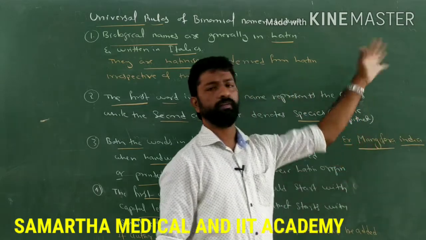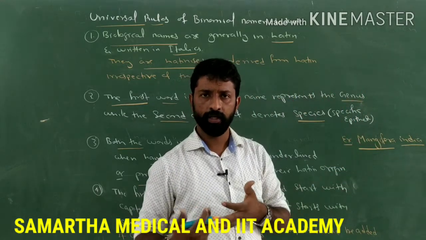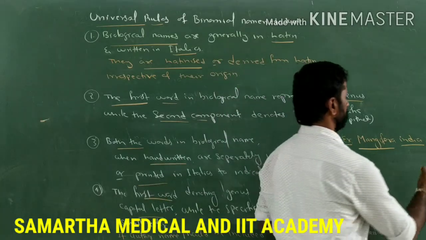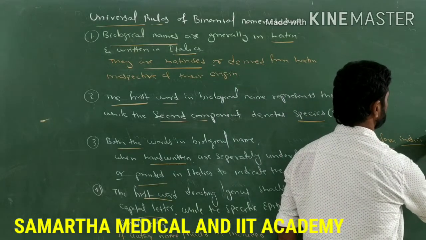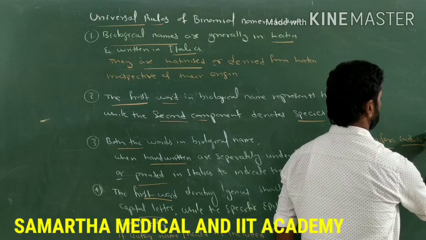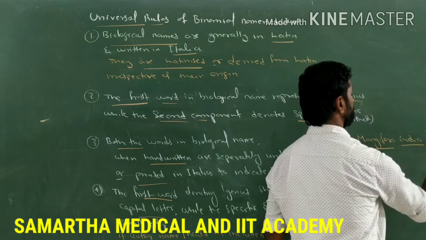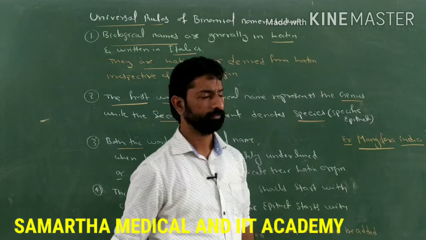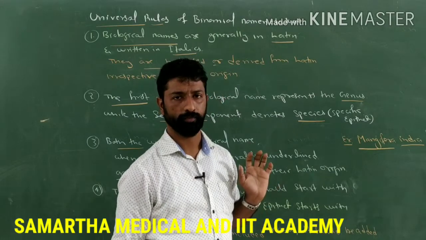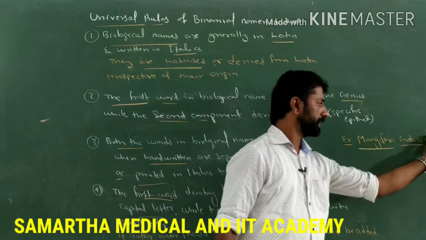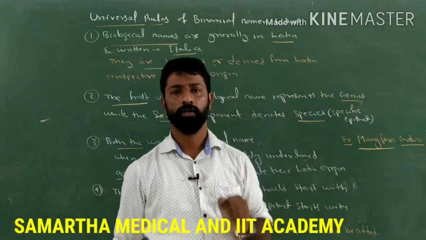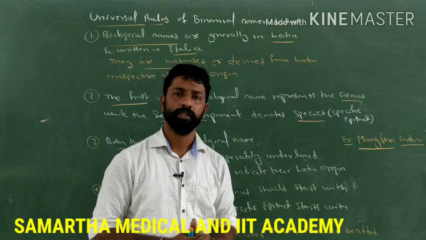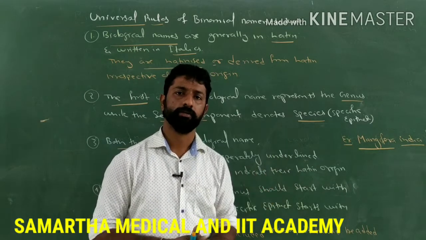Say for example, instead of Linnaeus, if I am the one who described that plant first, my name will be added here in abbreviated form. As my name is Pradeep, I have to write only the 4 letters of my name, that is PRAD. It's Pradeep, PRAD only. So this indicates the name of the author, or the person who described that organism or plant for the first time.